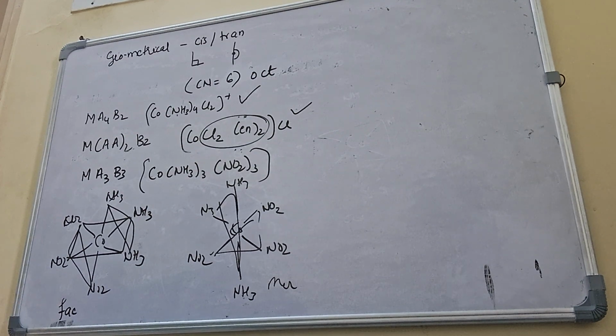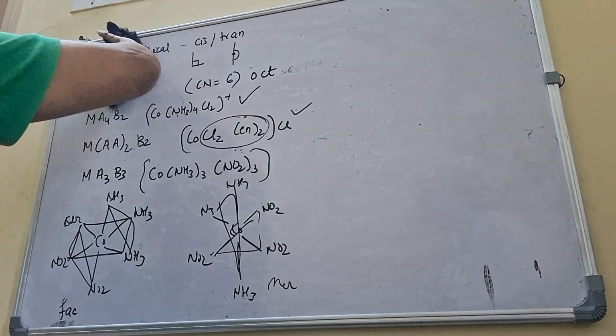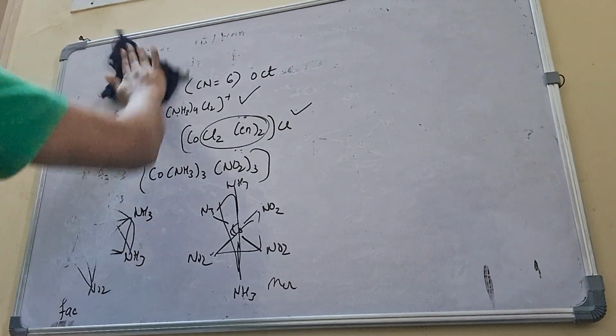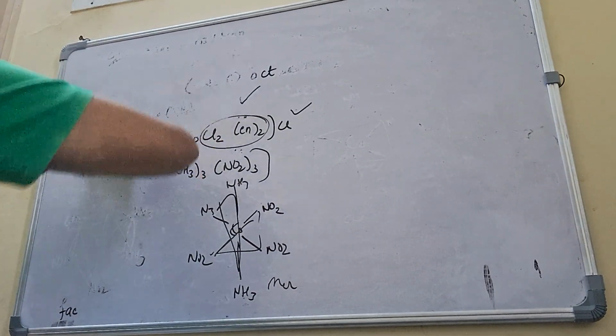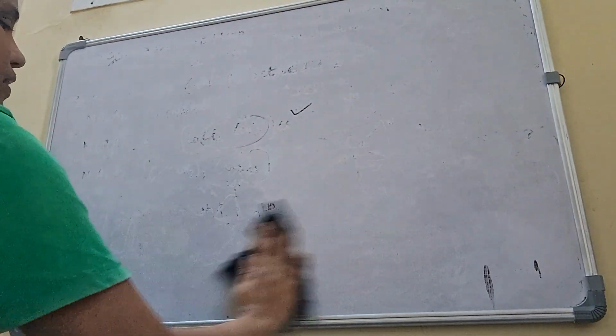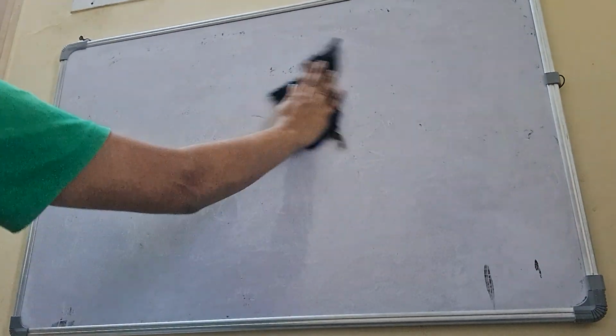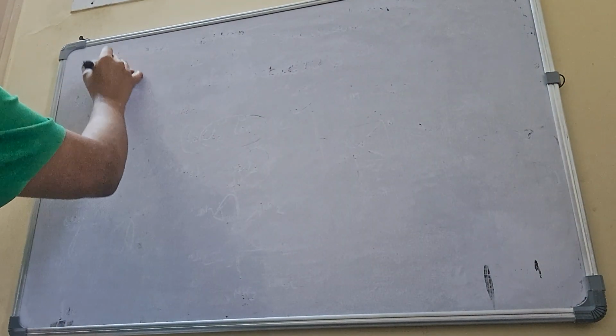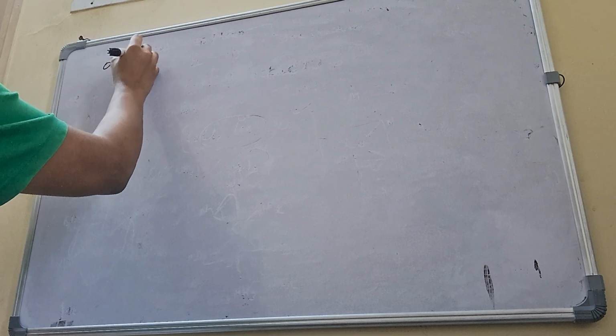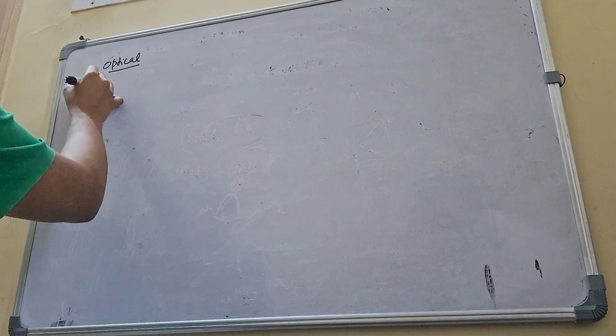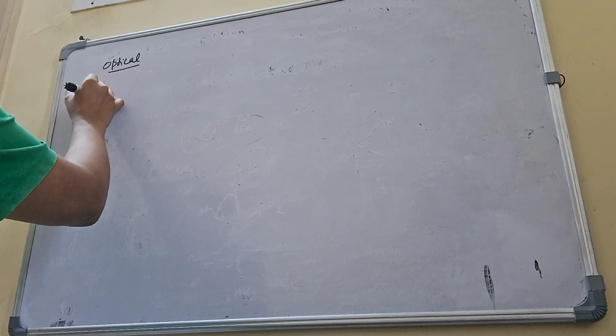Okay. Now let us talk about optical isomerism. So optical isomerism means there is some kind of optical activity. Okay, so imagine you have a light.